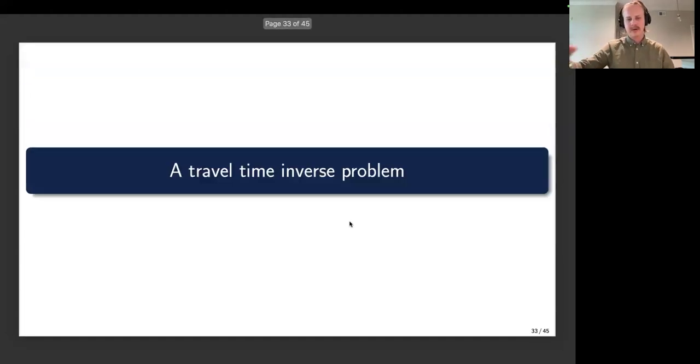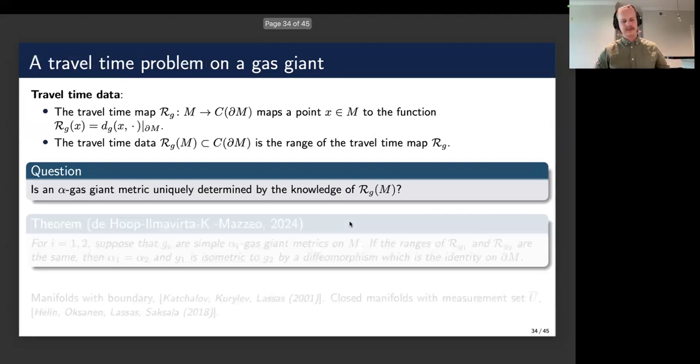So then I want to talk a little bit about a travel time inverse problem. All right. So which kind of travel time problem am I looking at here? This time I will be talking about the so-called travel time mapping. I denote it by R_g. It's a mapping from the manifold into the space of continuous functions on the boundary.